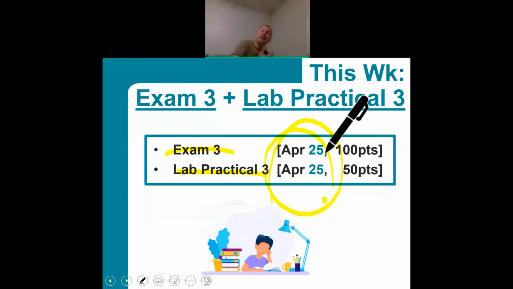A couple of practical things to mention about those is that they are, again, open book tests, so you can use your notes. You can use any tools that you have that help you. You can take them from home. They are to be taken in a single sitting, so once you start, you have to finish it in one go.